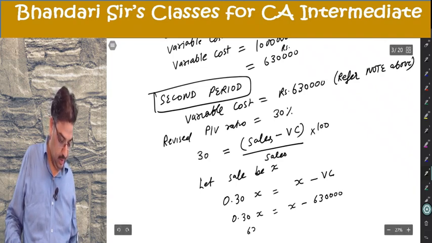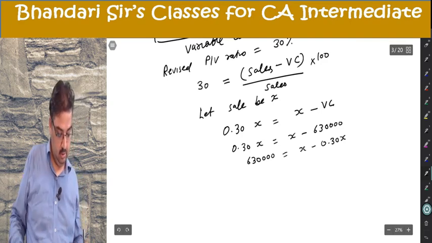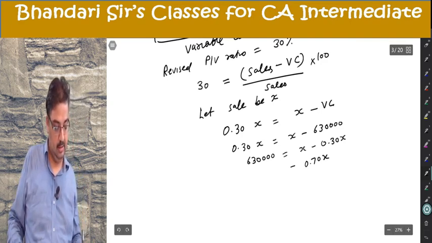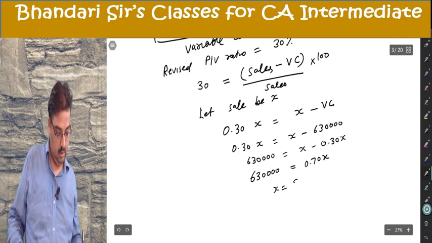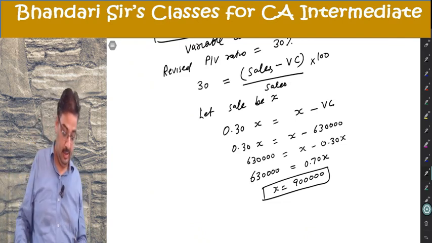So this becomes 6,30,000 is equal to X minus 0.30x. This becomes 0.70x is equal to 6,30,000. X equals 9 lakh. Now revised sale is 9 lakh.